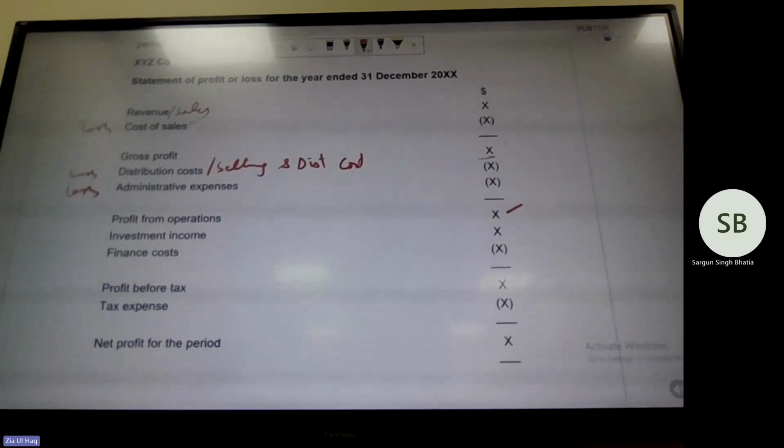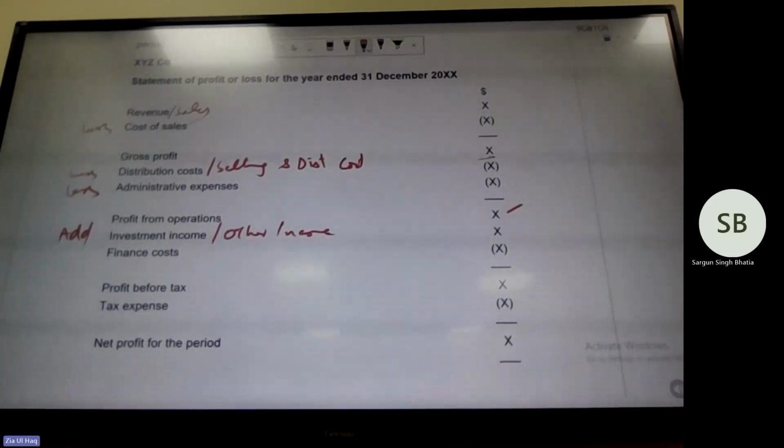To profit from operations, we add other income. Investment income, or we can say these are other income, meaning income other than sale of inventory. Like we have rented out a property, we are receiving rent, that is other income. We have invested in any company shares, we are receiving a dividend, that will be called other income.